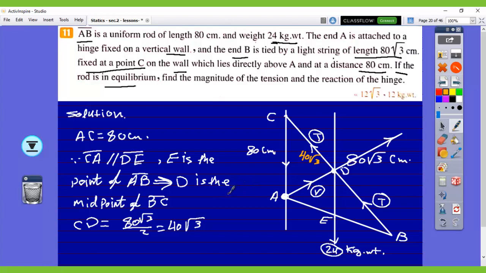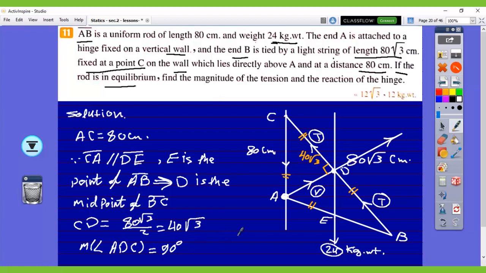Now we have AD is perpendicular to CB because triangle ABC is an isosceles triangle, since AC equals the length of AB and D is the midpoint of BC. So we can say that the measure of angle ADC equals 90 degrees.